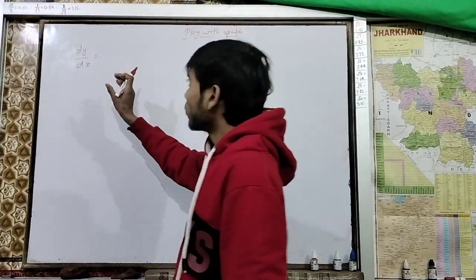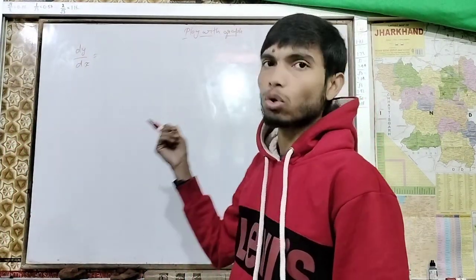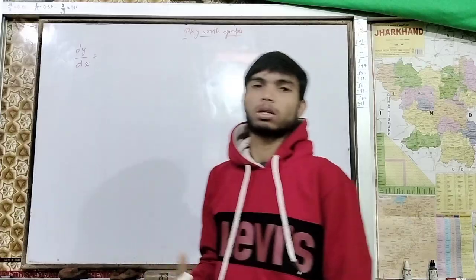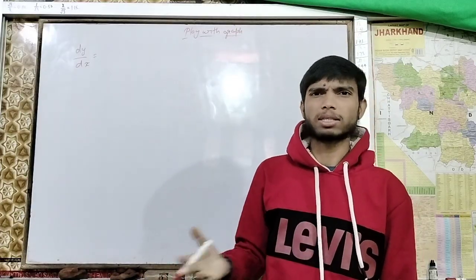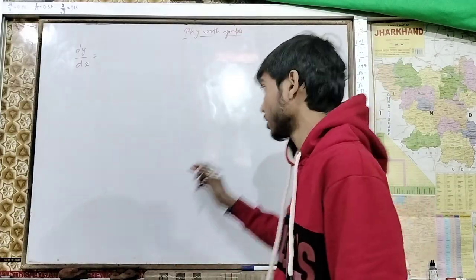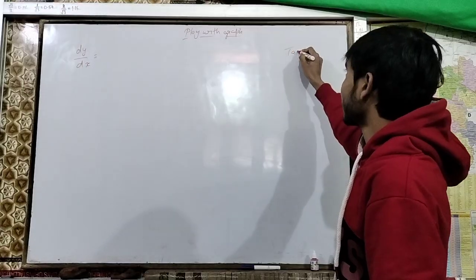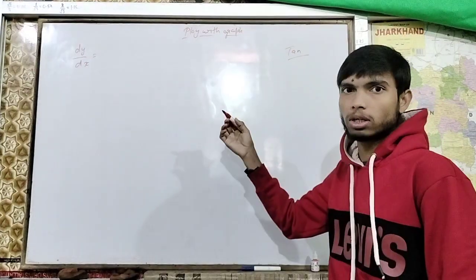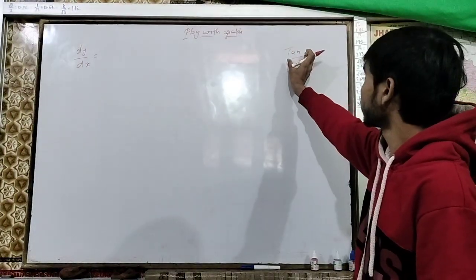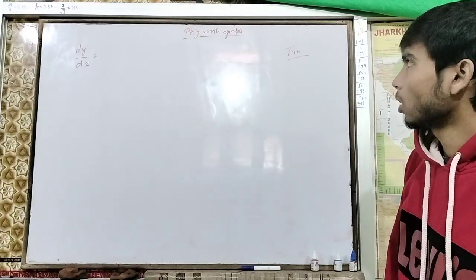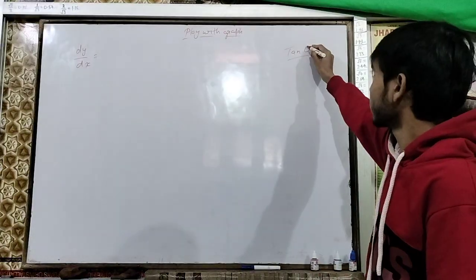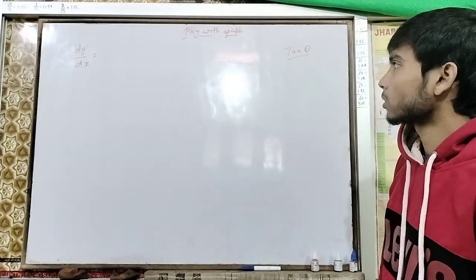Here dy upon dx means this is a slope. We will get a slope, and slope is known as a tangent. A lot of times you will hear tangent. In short, it is written as tan theta.